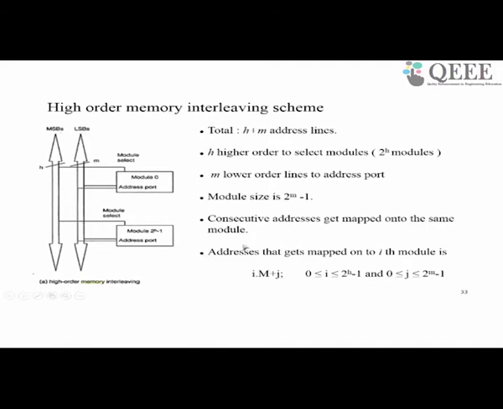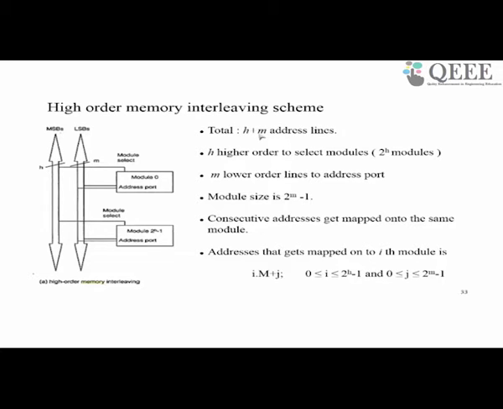Well, now first we will see what is called the high order memory interleaving scheme. In this scheme, we divide the entire set of address lines into two groups: the high order group of lines and the low order group of lines. Let us say we have a total of H plus M address lines.